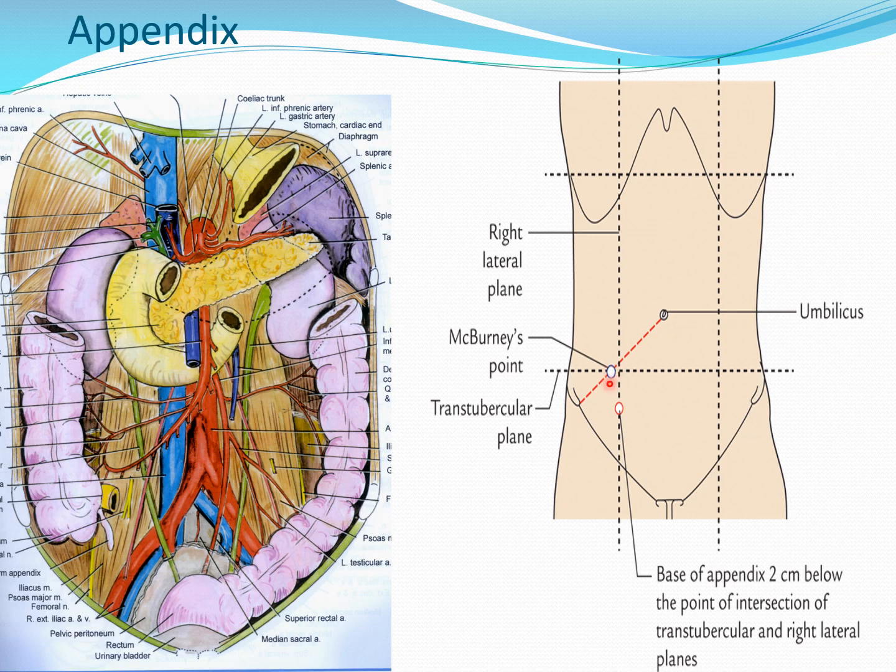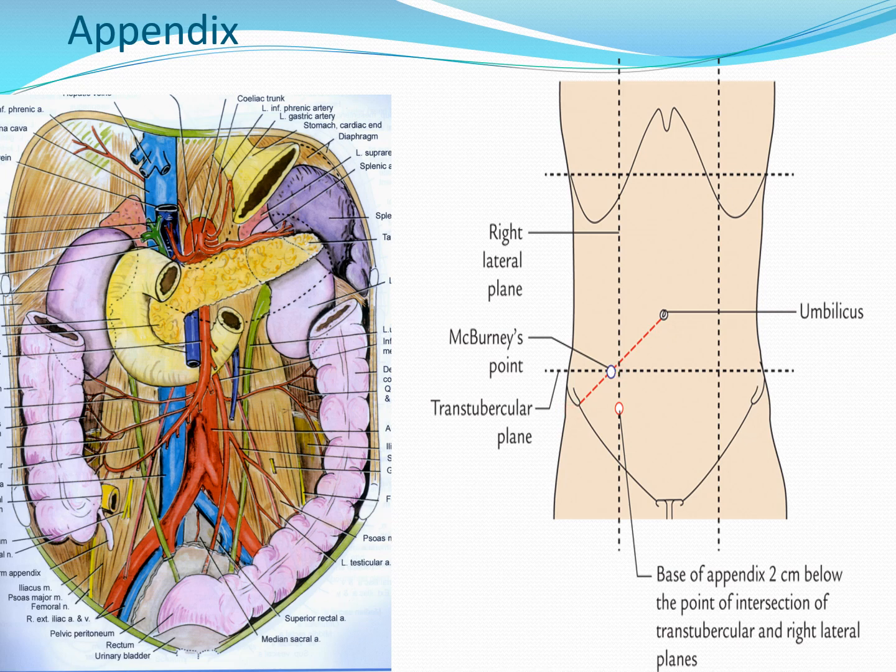This point is given the name McBurney's point. You see, McBurney's point is represented by a point at the junction of the medial 2/3 and lateral 1/3 of the line from the umbilicus to the anterior superior iliac spine. So this is the lateral part, and this is the medial part.